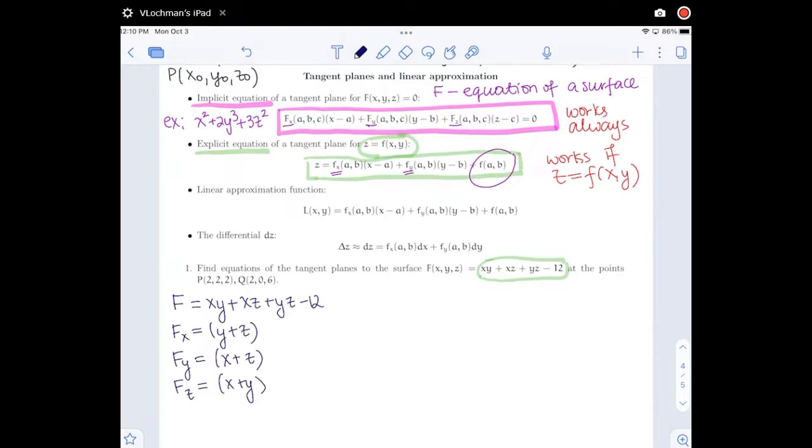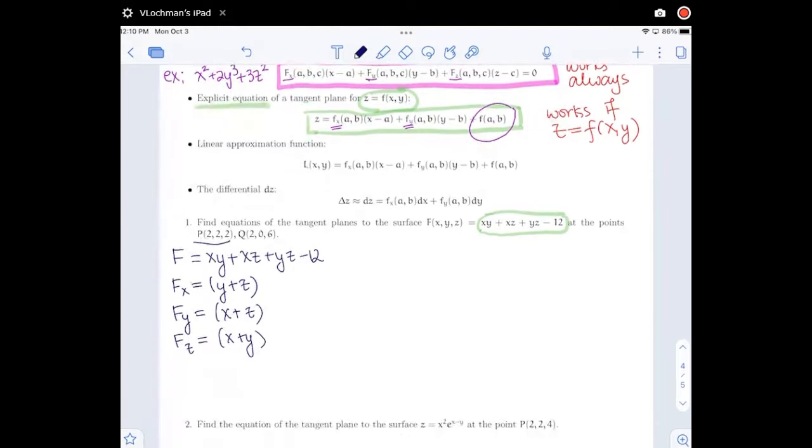I do have 2 points, so I'm going to have 2 different planes. Let's work with point P, (2, 2, 2). That's going to be the first part. What do I need to do? First, I'm going to evaluate each one of my partial derivatives at that point.